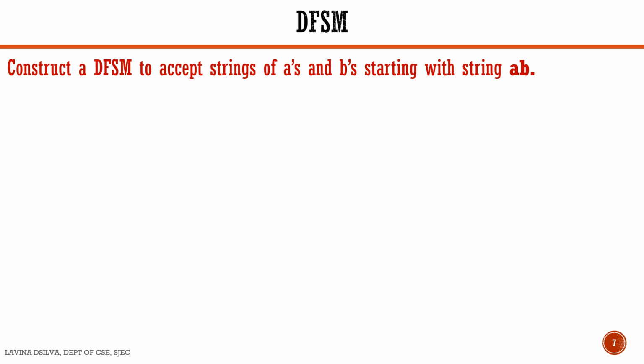Therefore, the language for this DFSM will be something like this. AB is your minimum string, then we can have AB and then A, AB and then B. If you are talking about four character strings, then we can have ABAA, ABAB, ABBA and ABBB. It goes on like this.